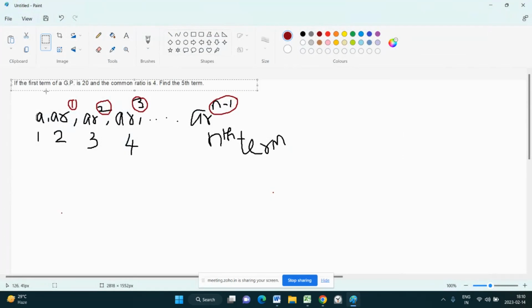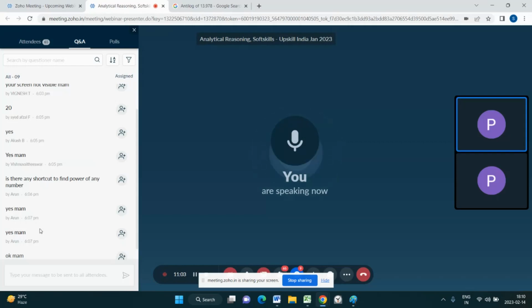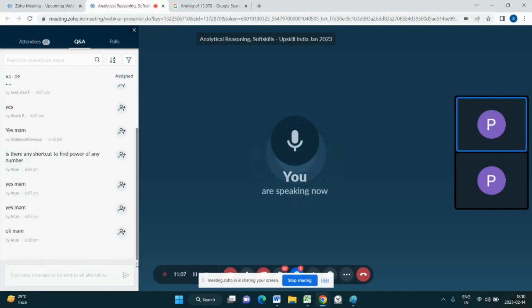If the first term of a GP, can you see my screen? Is the question clear? If the first term of a GP is 20 and the common ratio is 4, find the fifth term. It means, what is the first number? What is the first number called?